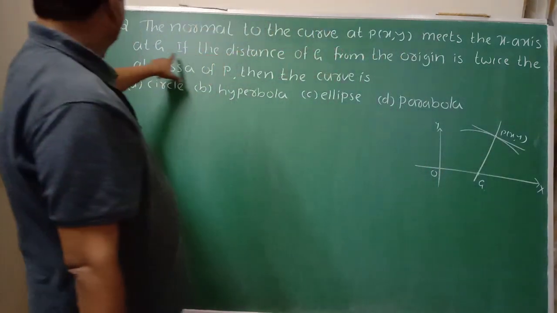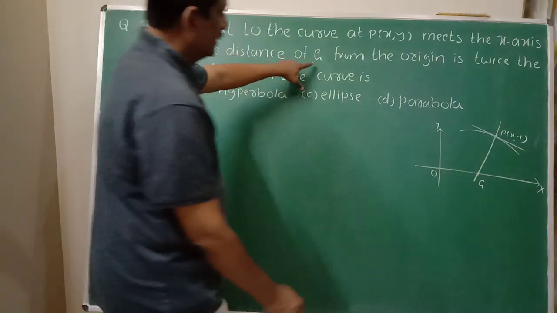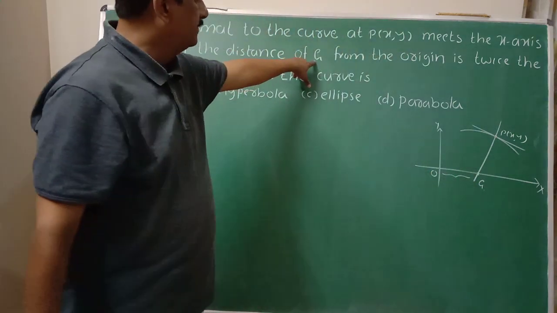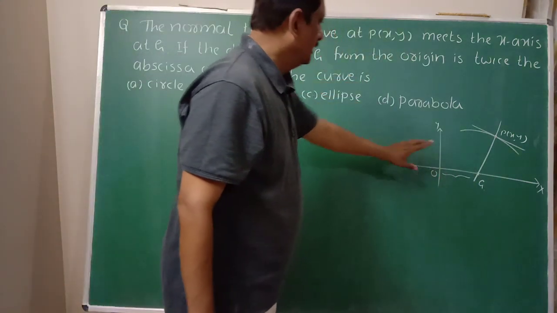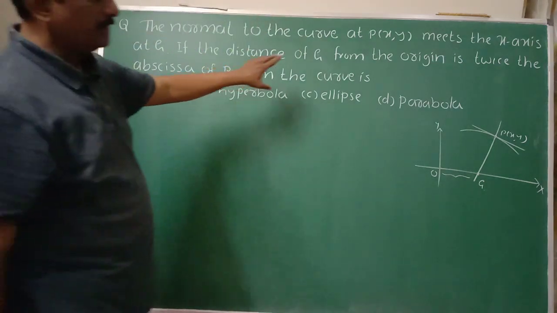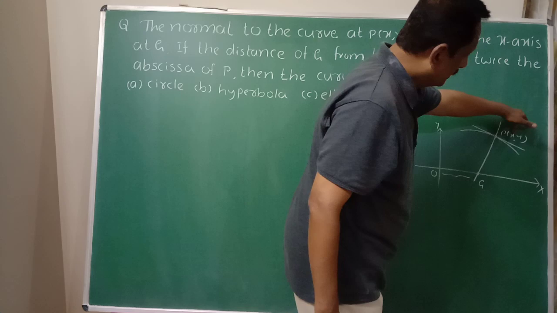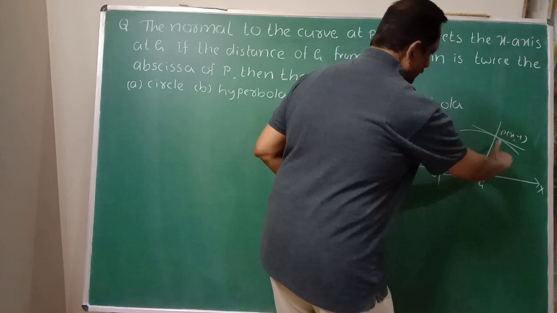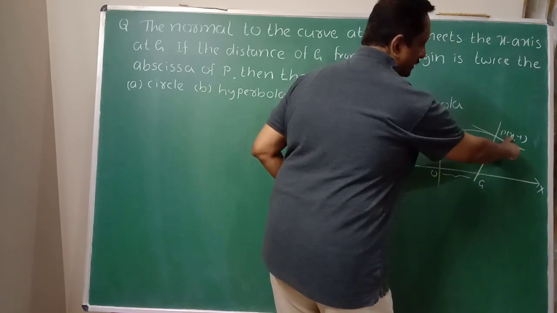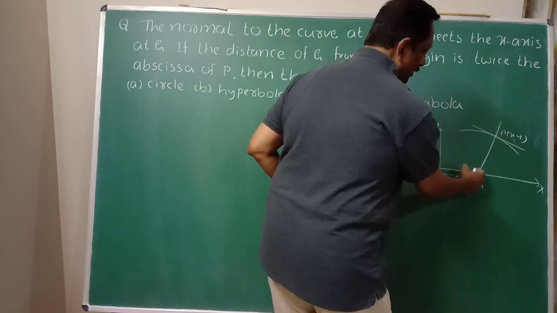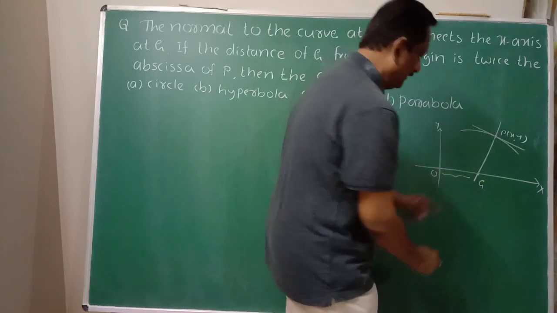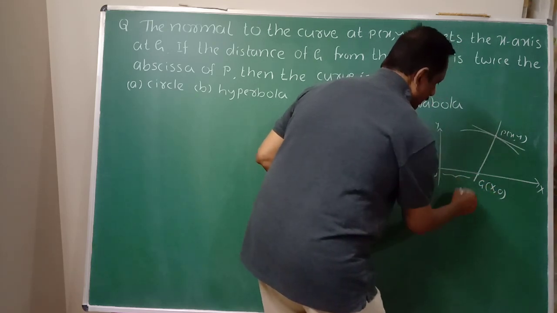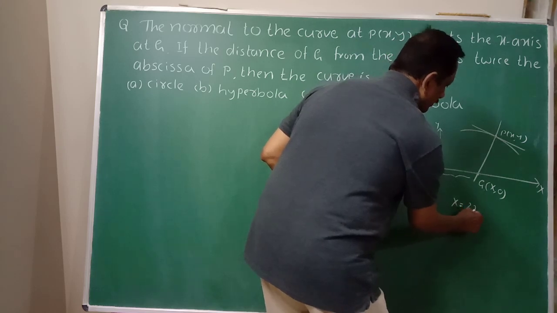What is given is that the distance of the point G from the origin is twice the abscissa of the point P. The abscissa is the x coordinate, so twice the abscissa means 2x, which means OG is equal to 2x.